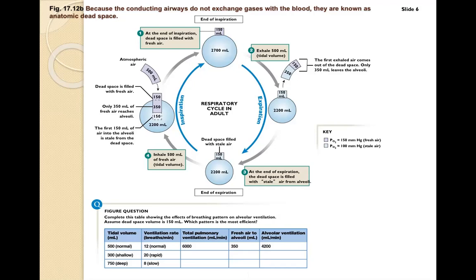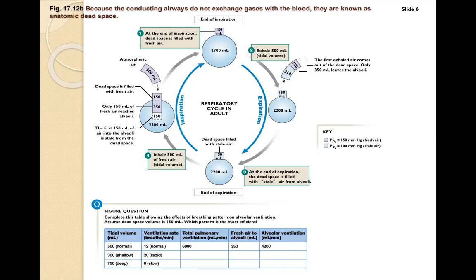So we'll work through the normal 500 mils tidal volume. I know I haven't shared my screen yet. I'm just writing these down on my little whiteboard so that I don't have to go back and forth. So the volume of air, we're going to look at the ventilation, the respiratory rate. I'm going to call that RR. So when you see my screen, you're going to see it as RR.